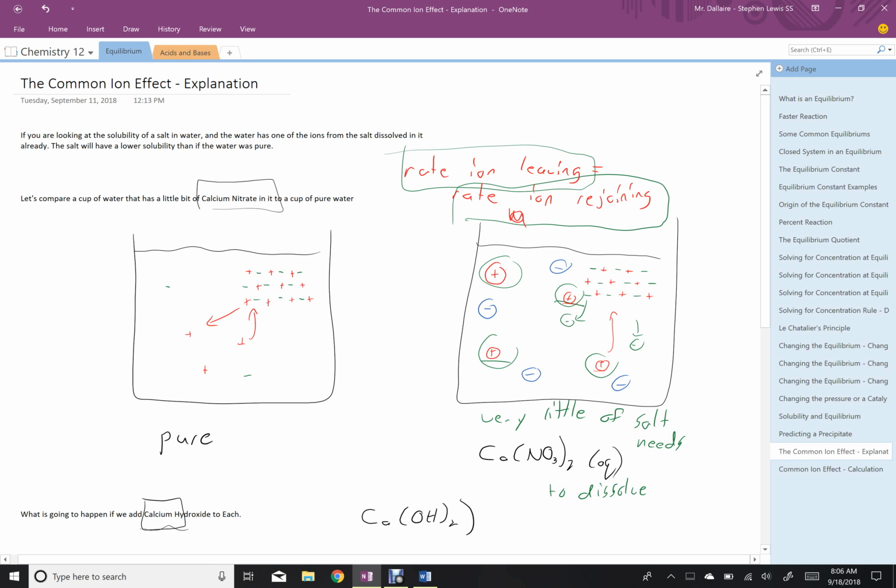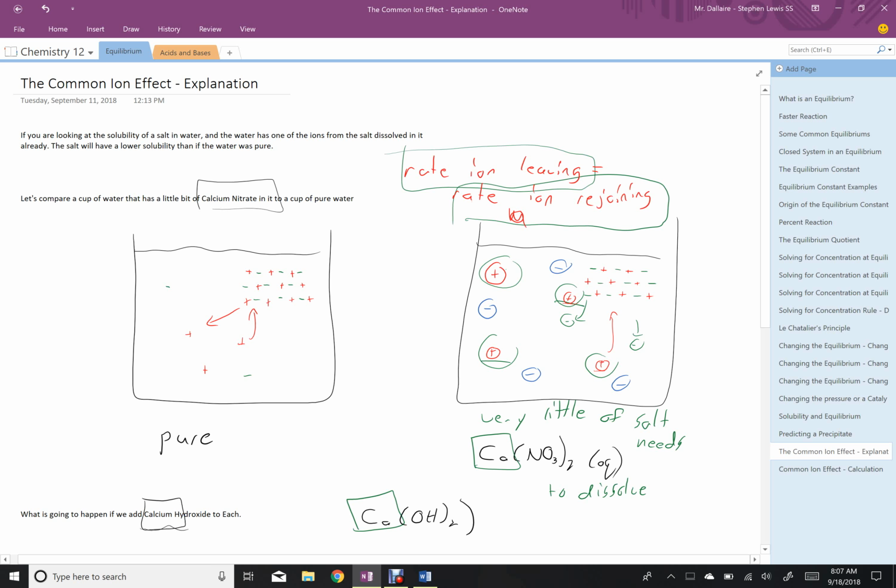So what that means is very little of this salt will dissolve before reaching equilibrium in comparison to how much of the salt would have dissolved in pure water. The existence of that ion has to be common. It has to be something that can build the crystal in the same shape and size that it was when it was placed in. So that's why these two things, to meet the common ion effect, both have to have the same ion in them.